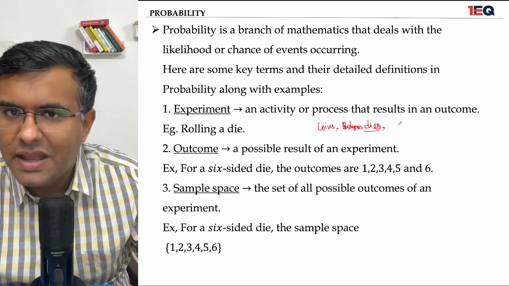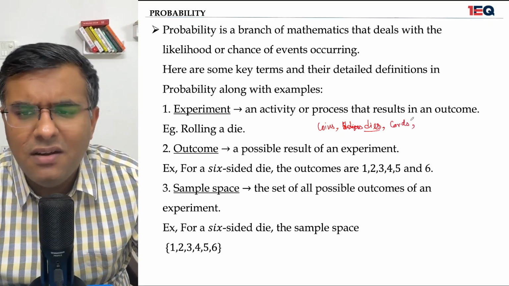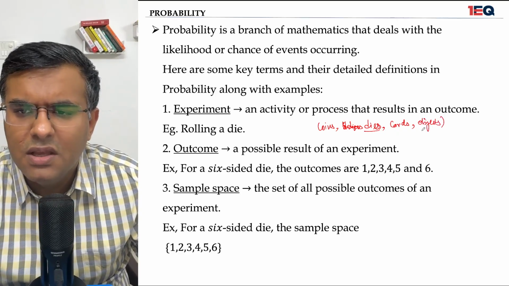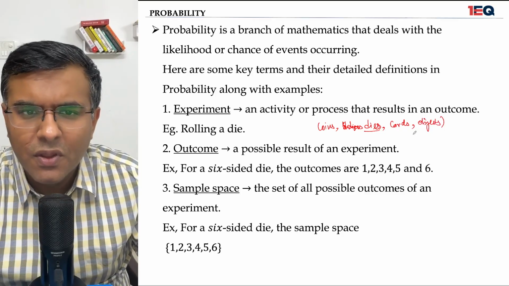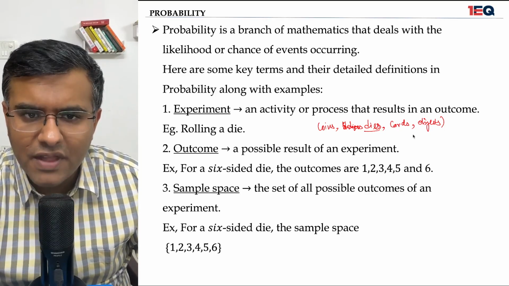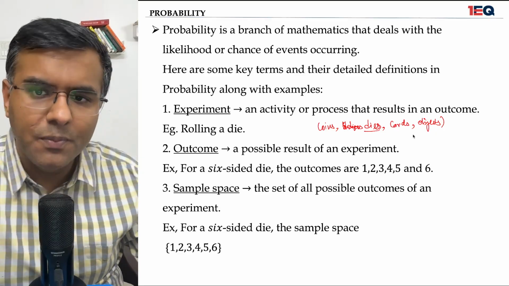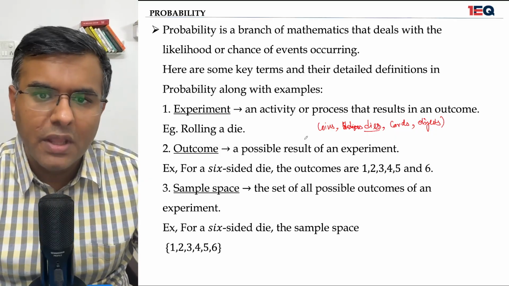Then about cards and some random objects. Maybe something is put in a bag and when you take it out you have to tell the probability of how good a chance there would be of that object to appear outside. So that is pretty much where it all will be rotating.